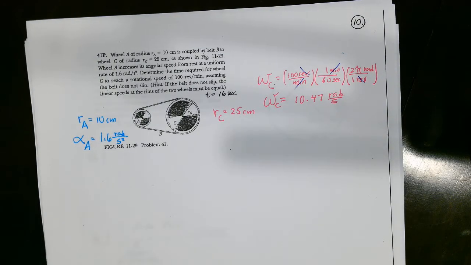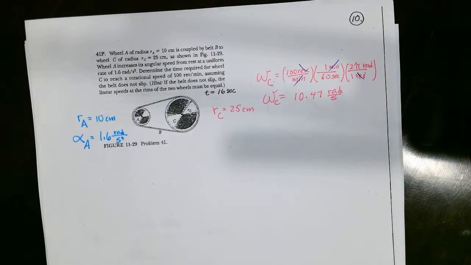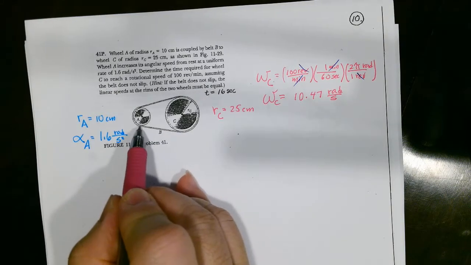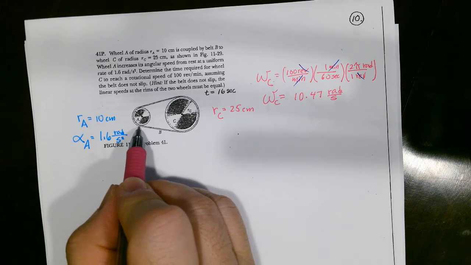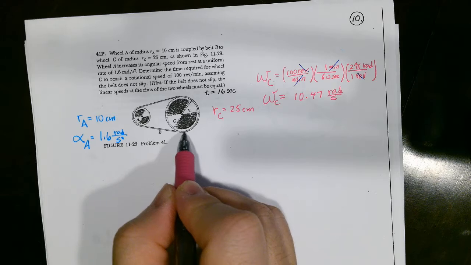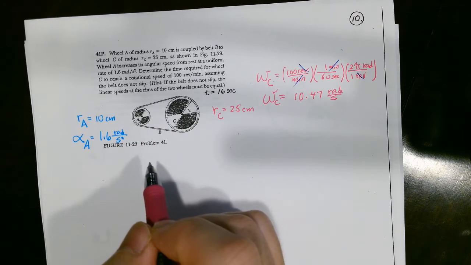All right. Well, that's good to know. Assuming that belt does not slip, right? So that's good to know as well. But here's the crazy thing. This belt is going to keep moving at the same speed anywhere along the belt, right?